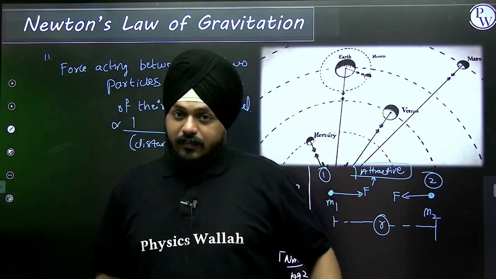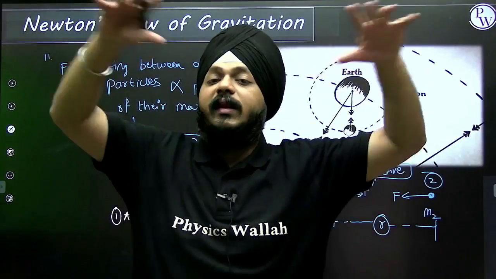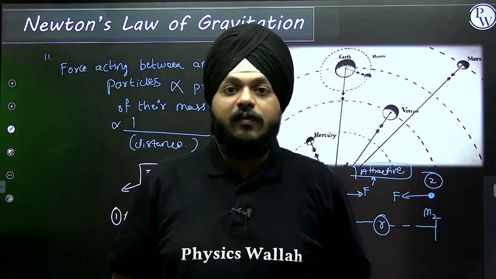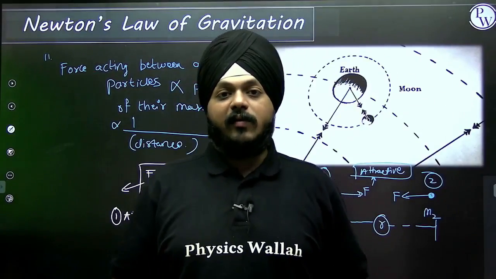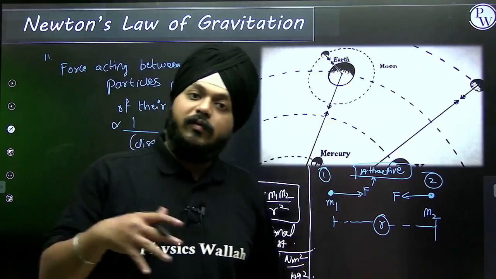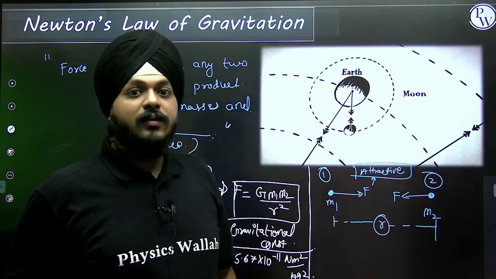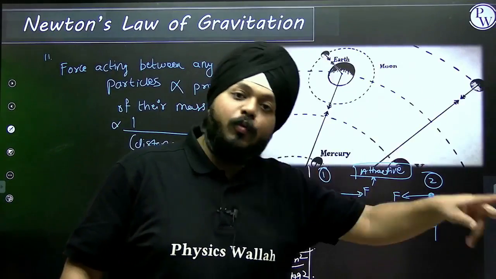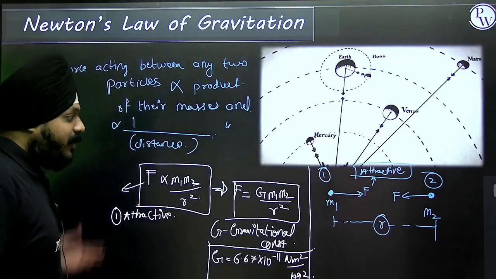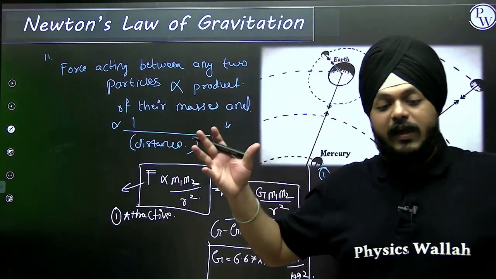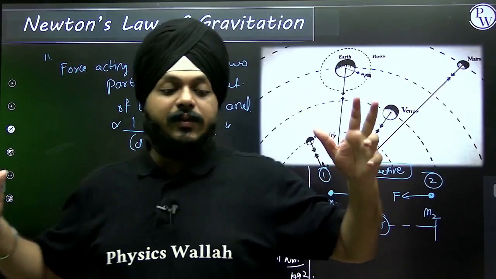In the entire universe, only particles are not present; there are also structural formations. In that case also this Newton's law fails. What about a system that comprises more than two particles, whether Newton's law is applicable to them or not? There are lots of things we have to discuss.